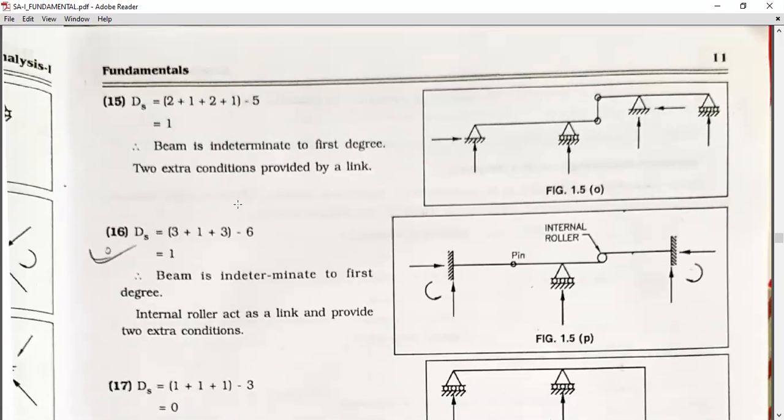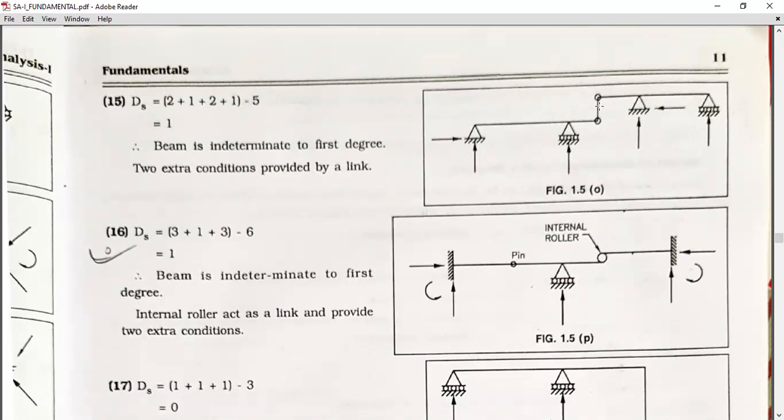Now we can take DS for this beam. First support simply supported 2 reactions, roller 1 reaction, simply supported 2 reactions, roller 1.